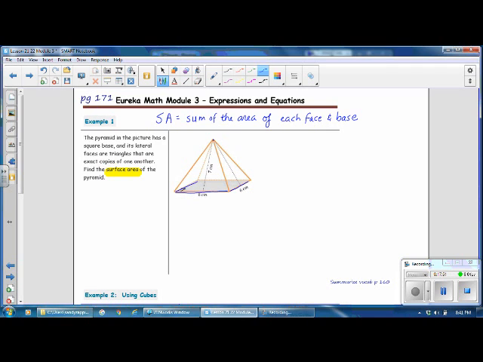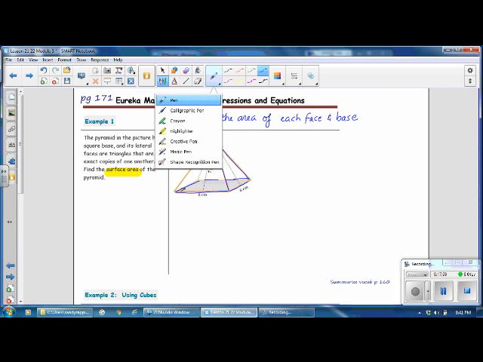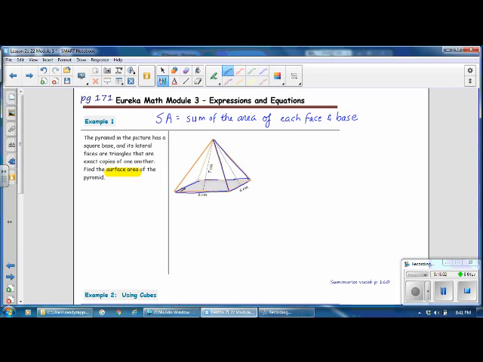Since the lengths of the sides are the same, that would make the area of each face the same. So the area of this face is the same as the area of this face because they have the same base and height. So all four sides will have the same area.